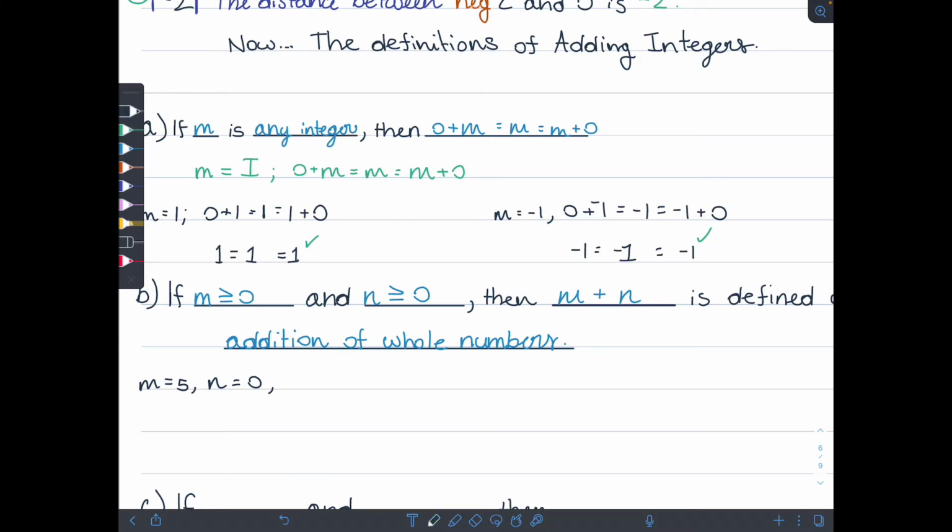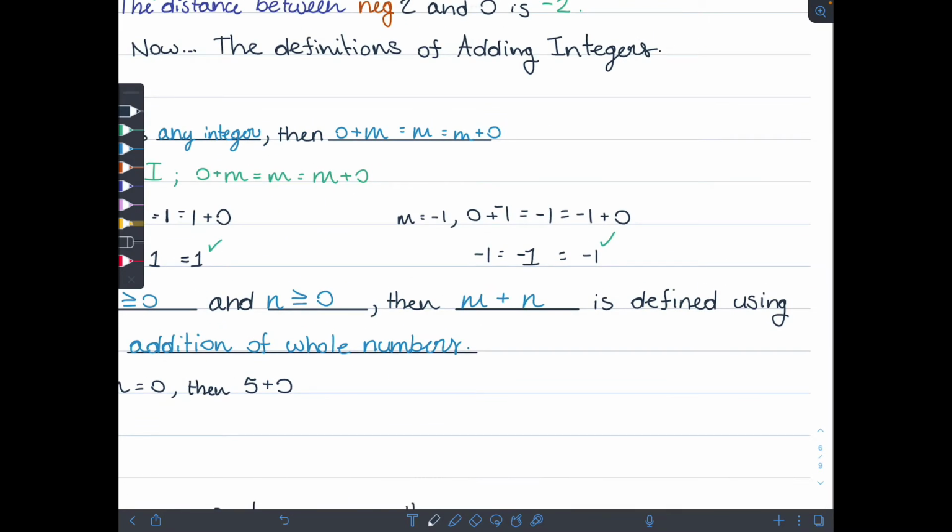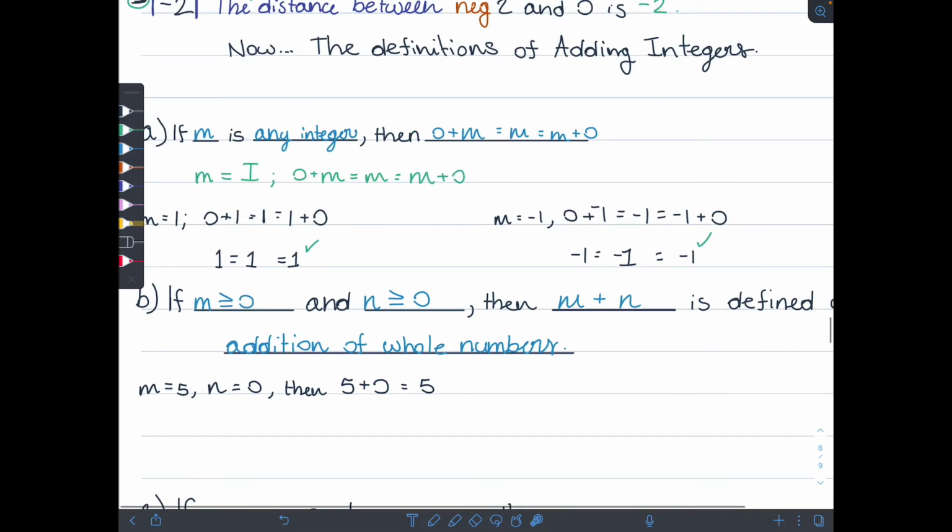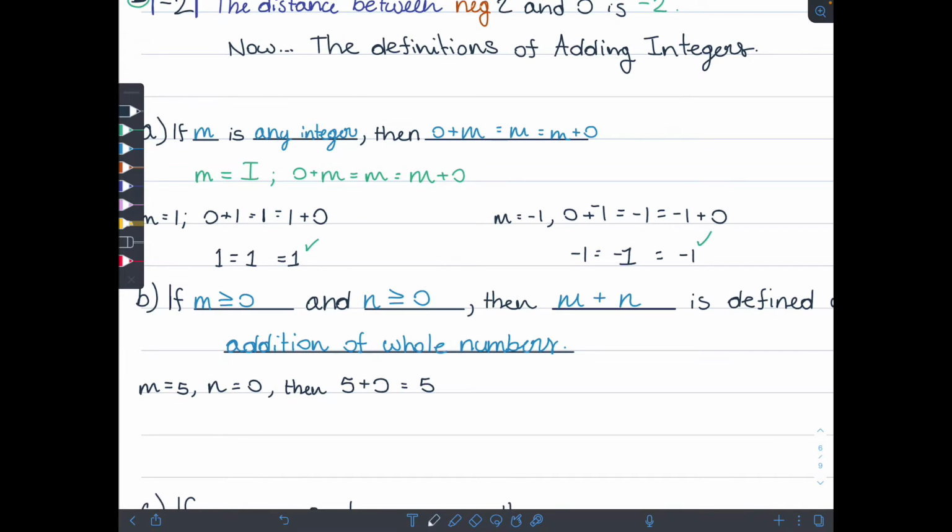Yes, 0 is equal to 0. Then m, which is 5, plus 0 is defined using addition of whole numbers. Hey, would you look at that? It looks just like any other addition problem under the addition of whole numbers section, doesn't it?